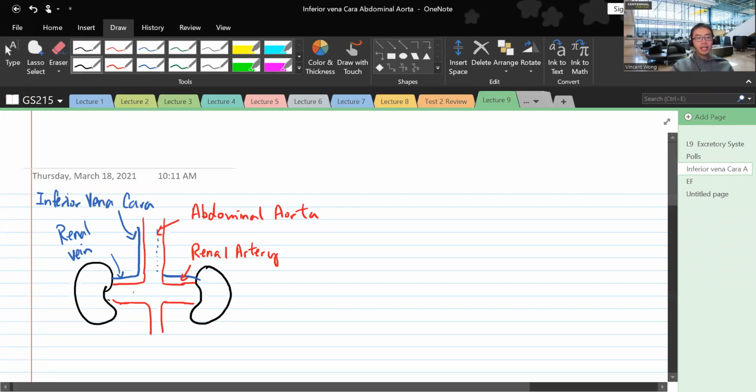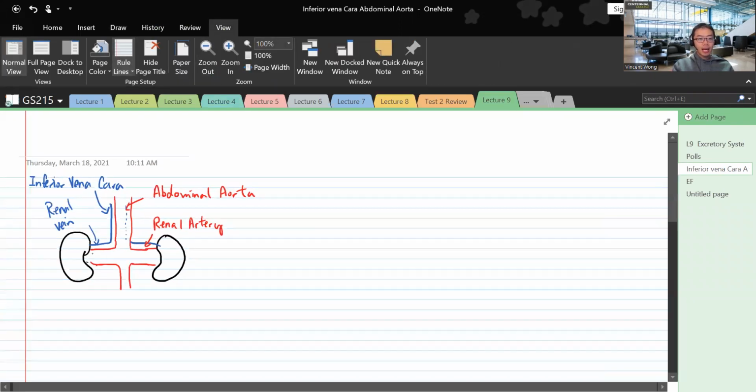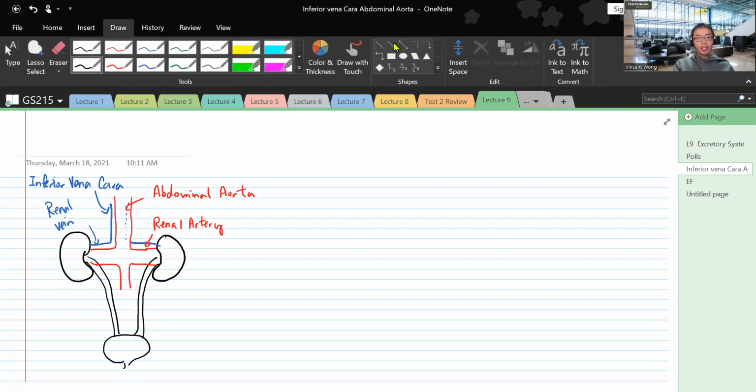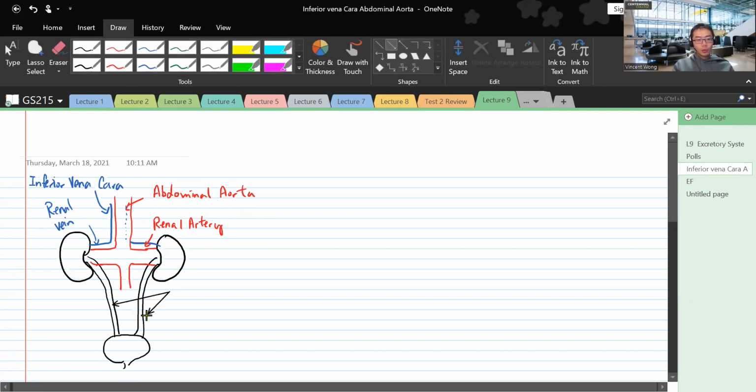And each kidney is going to have a tube that comes out like that. And it's going to connect to your urinary bladder. Okay. Does anybody know what the name of these tubes are?